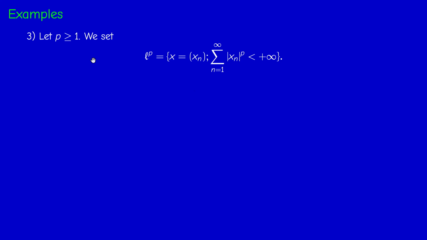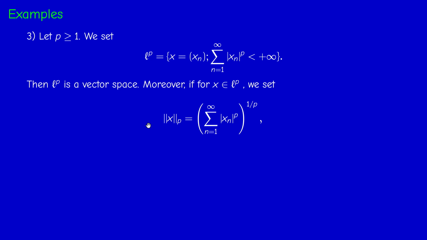Okay. So this is a vector space actually. It's not difficult to prove that, because the sum of 2 elements in lp is again in lp, and when I multiply by a scalar, the result is in lp. This follows actually from what is known as Minkowski's inequality. So this is an example of an infinite dimensional vector space.